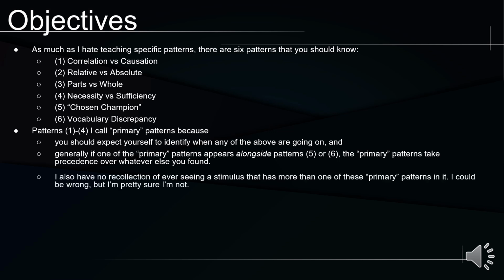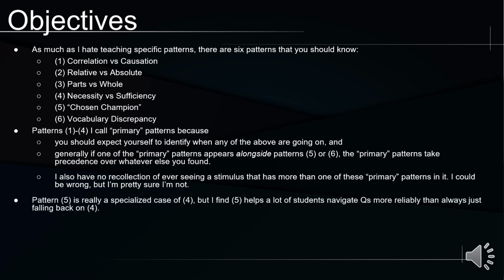I also have no recollection personally of ever seeing a stimulus that has more than one of these primary patterns mixed into it. I could be wrong, but I'm pretty sure I'm not. So either way, the primary patterns, whenever you do see one, they're non-negotiable. Can't just ignore them. You should expect yourself to be able to find them.